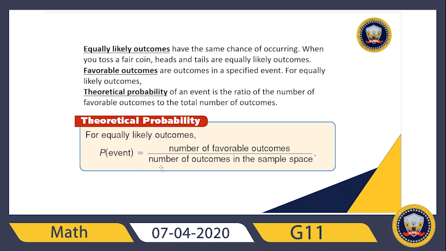And we said that the sample space by definition is all the outcomes of this experiment. So by finding this fraction, we can find the probability of this event.